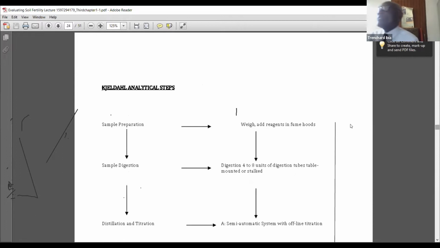Nitrogen, you can determine total nitrogen and nitrate forms of nitrogen through Kjeldahl method and ion selective electrode.